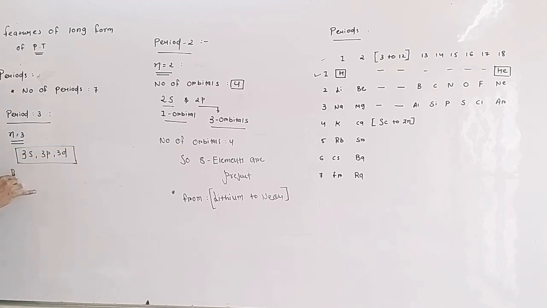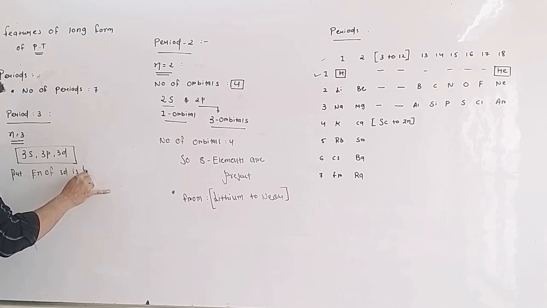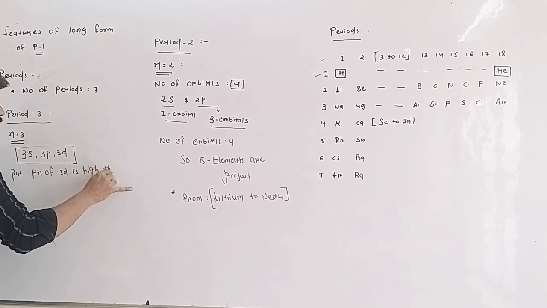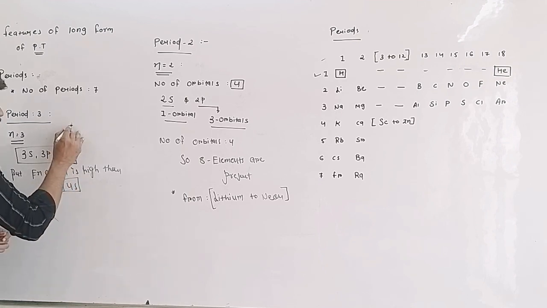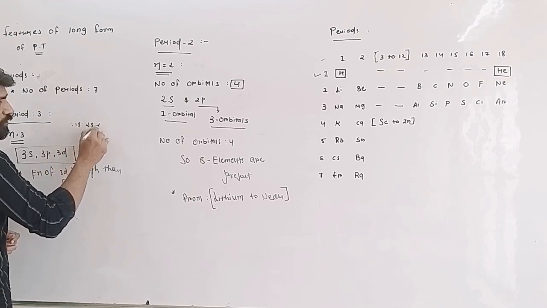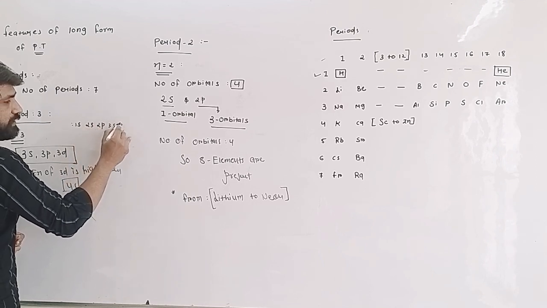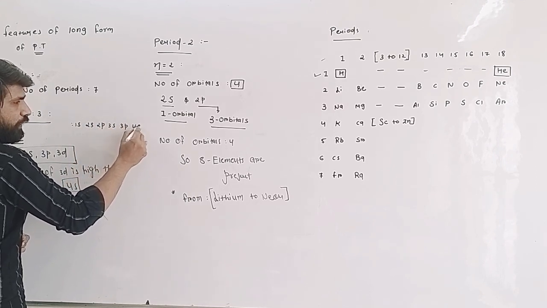But remember one thing over here: the energy of 3d is higher than 4s. You remember that 4s. Between 3d and 4s, the energy of 3d is much higher than 4s. That is why, if you remember, when we wrote electronic configuration I was writing 1s 2s 2p 3s 3p and then 4s and then 3d.